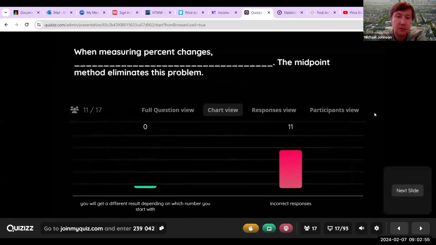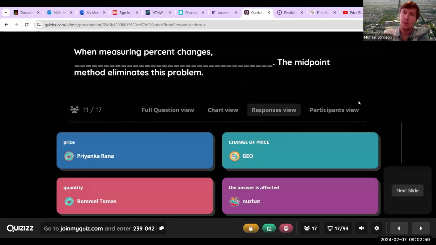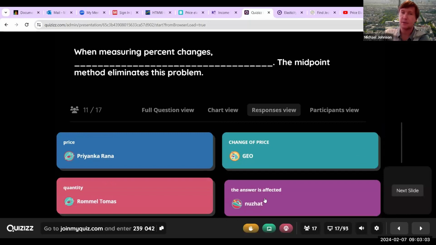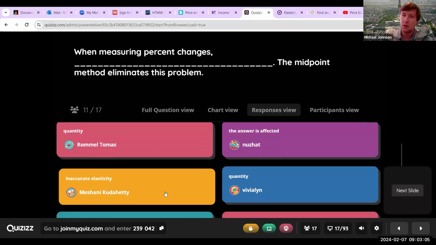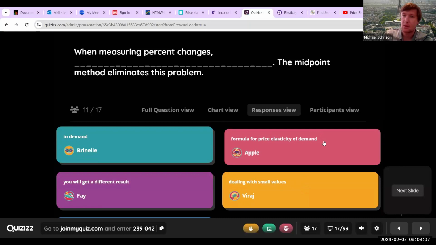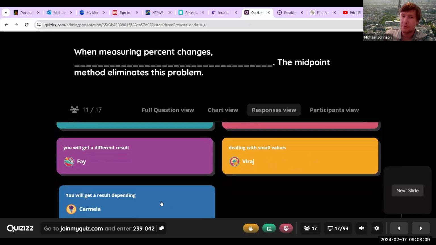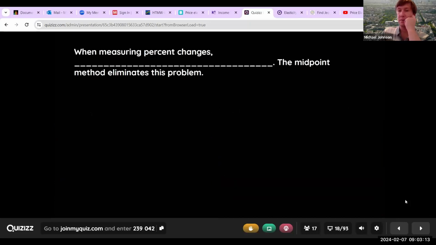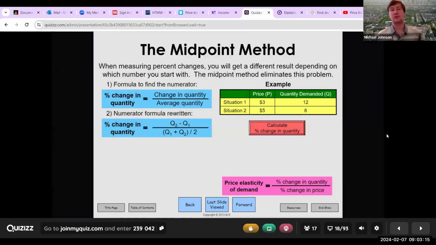You will get a different result depending on which number you start with. So the answer is affected, inaccurate elasticity. Anything relating to a different result would be correct, because the midpoint method is more accurate than the percent change.